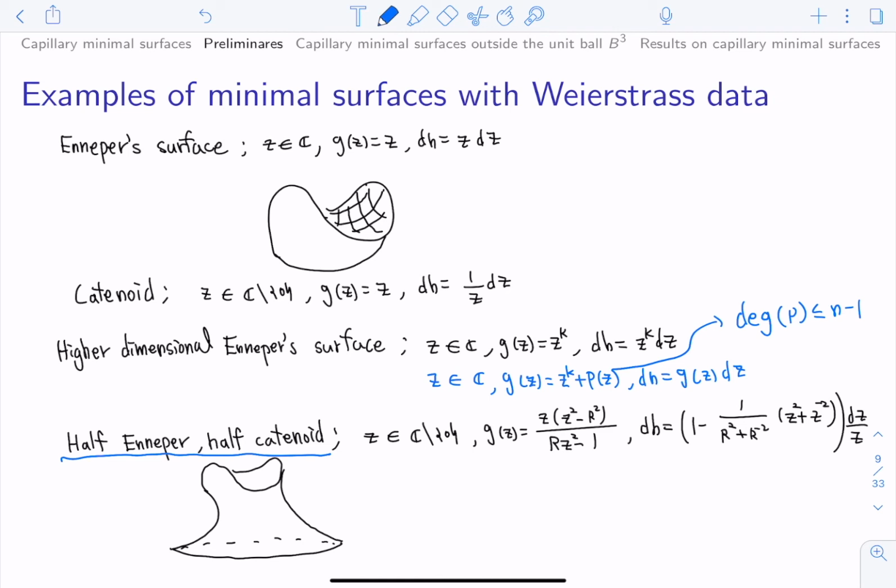This one here is a very interesting example because any Enneper surface has vanishing flux vector.